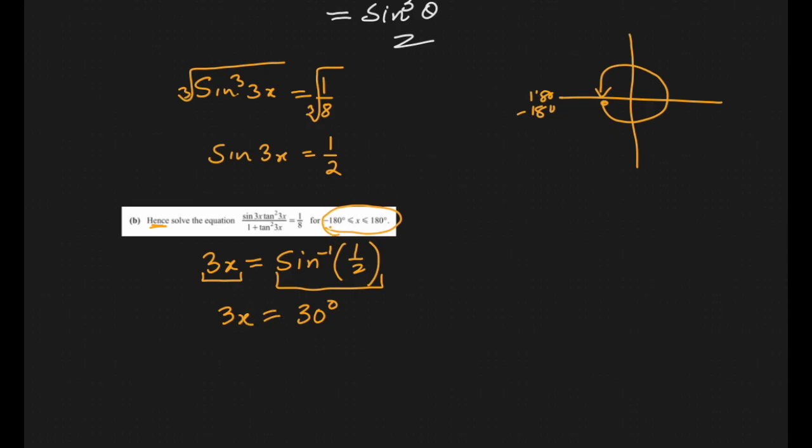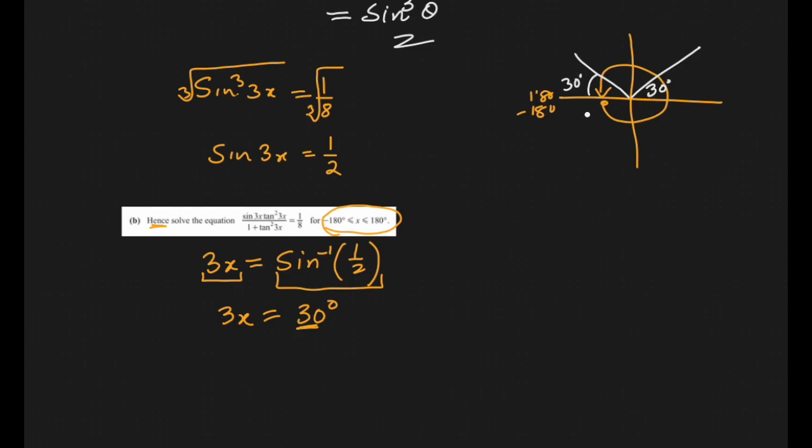However, they said minus 180 to 180. Okay. And now I should get this 30 degree first on this particular quadrant here. So 30 degree here, and this 30 degree is not x, it is 3x. So it's positive. Sine is positive here, sine is positive here as well, so this will also be 30 degrees.